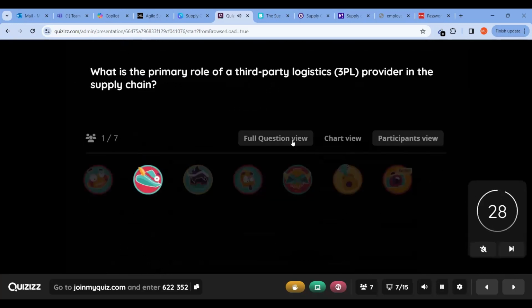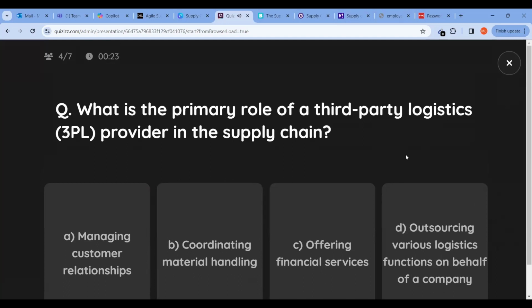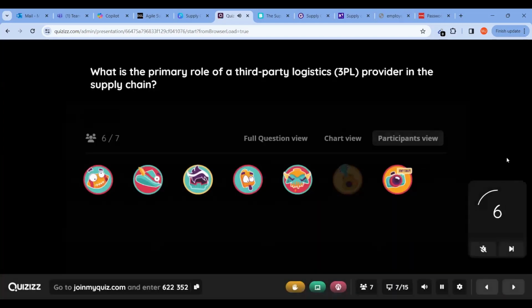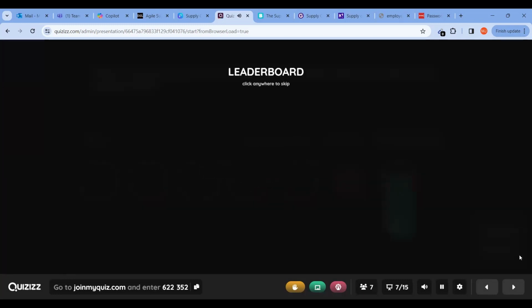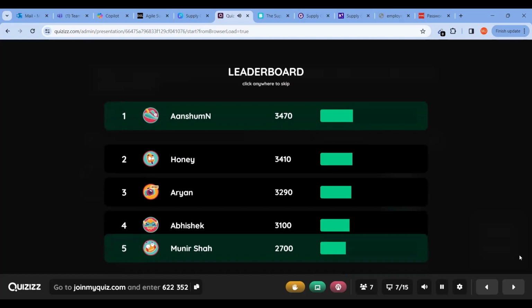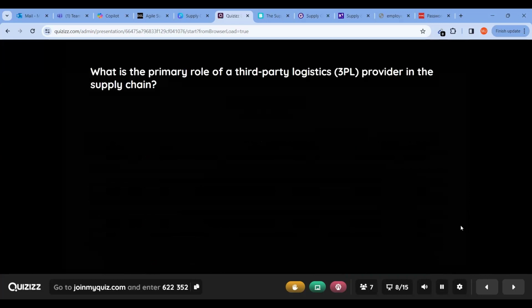What is the primary role of a third-party logistics, 3PL, provider in the supply chain? So outsourcing various logistic functions on behalf of a company. Excellent.